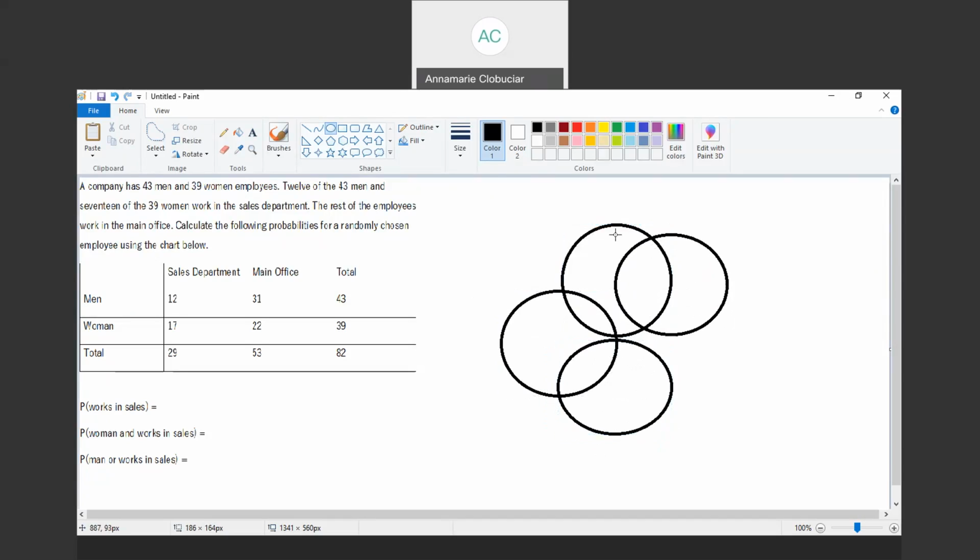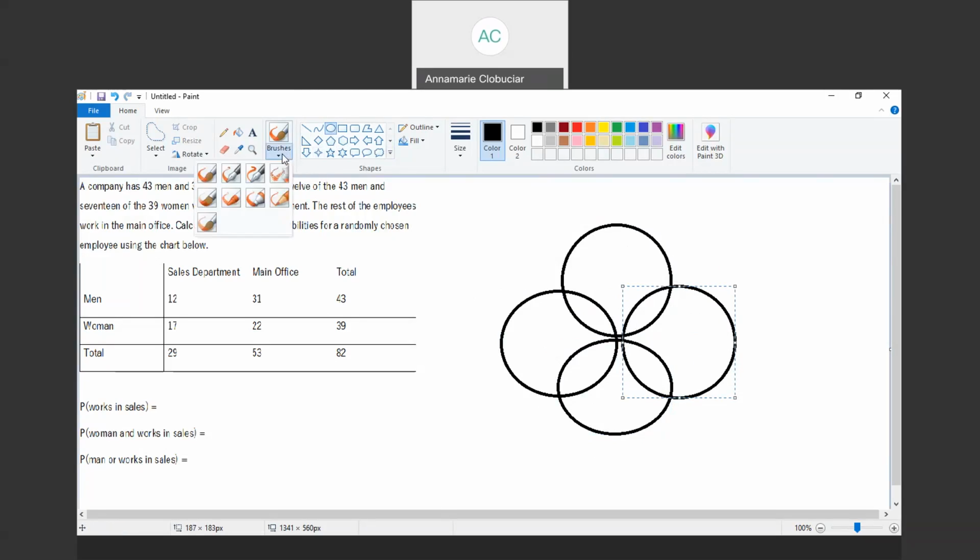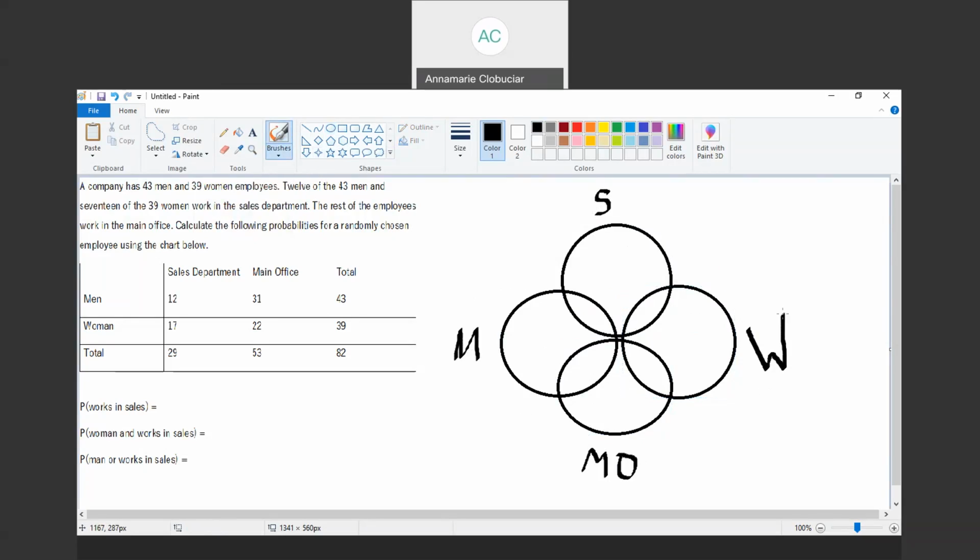I apologize if these are a little wonky, but there we go. You get the point. So now I'm just going to label these with what they are. I'm going to put S for sales, MO for main office, M for men, and W for women.